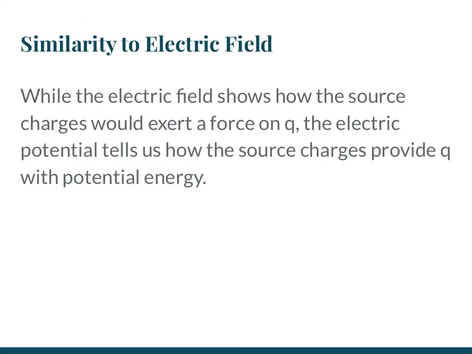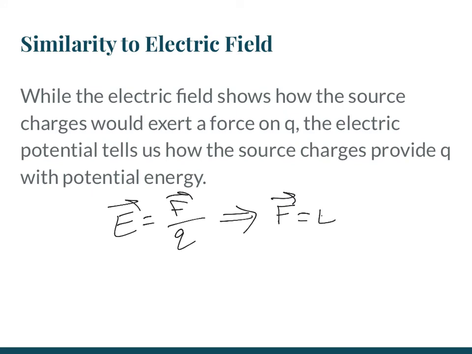And that really is its similarity to electric field. The electric field shows how source charges would exert a force on Q. We know the field was a force to charge ratio, and from that we got that the force on a charge is the field times Q. Similarly, electric potential is going to tell us how a field provides Q with potential energy.